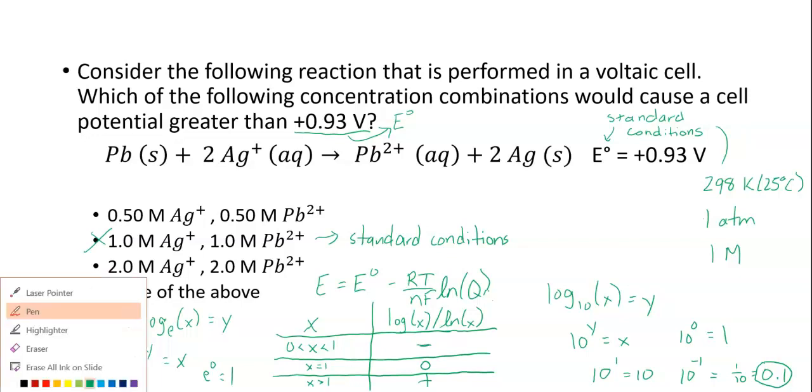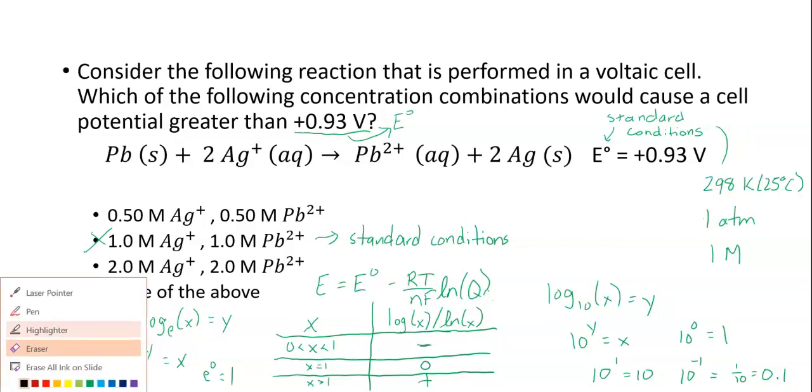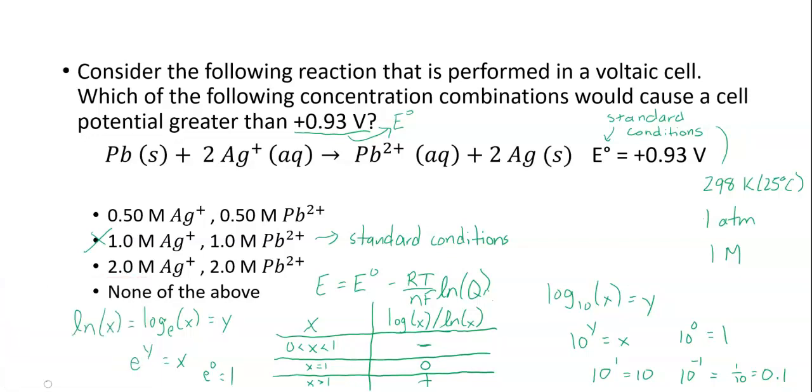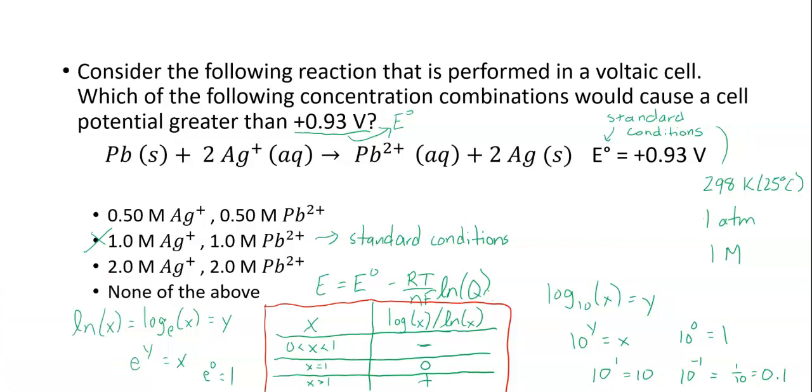So this table here is super important to remember, because it's really important to understand when the log of something is going to be positive, when it's going to be negative, or when it's going to be 0. Okay, so I'm going to erase this stuff over on the bottom right to give myself a little bit more room. You can pause and jot that down if you need to.